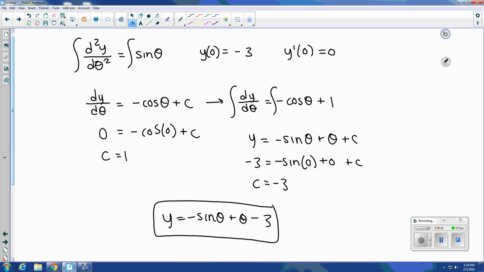Now, what I'm doing by integrating both sides isn't technically the format we want, and this is just an informal approach to what we're doing, because you'll see further down the road when we have differential equations, we're going to be separating variables.